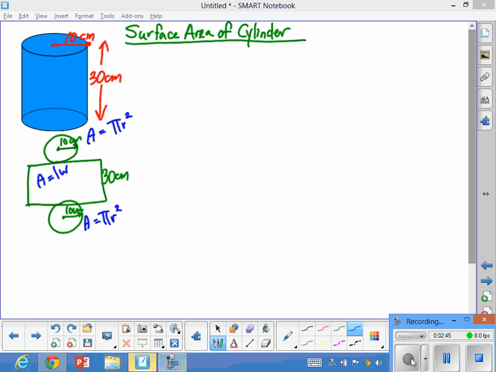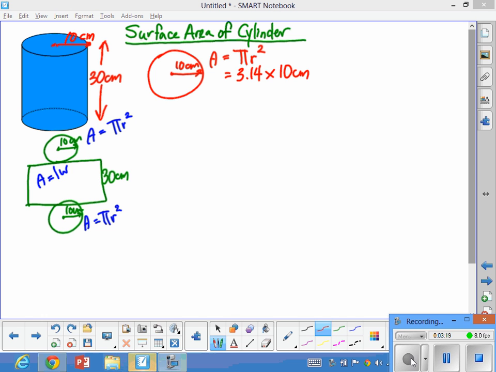Okay, so let's begin with our circles. We have a top and the bottom circle with a radius of 10 centimeters, and we know the formula is area equals pi r squared. At this point, we are going to substitute these variables, pi and r, with the corresponding amounts. So pi is 3.14 times the radius, 10 centimeters.